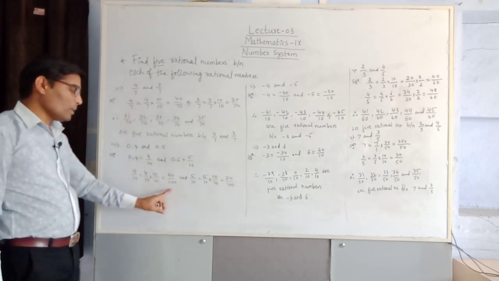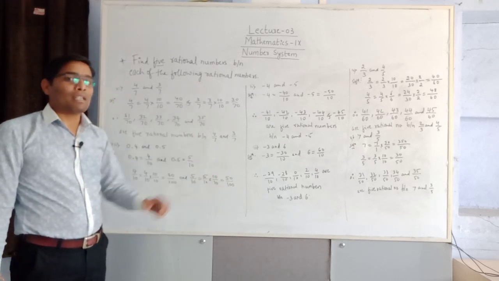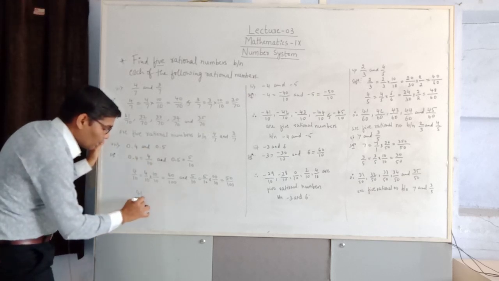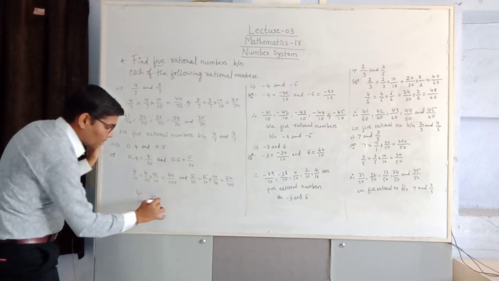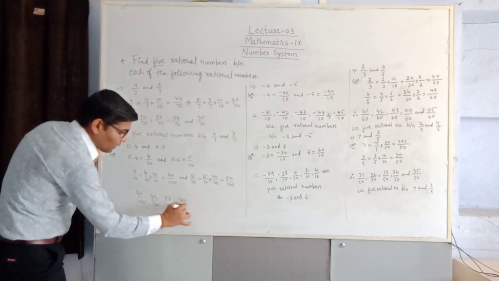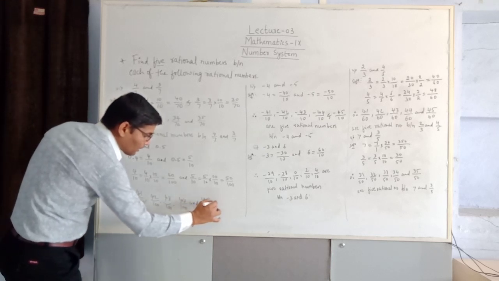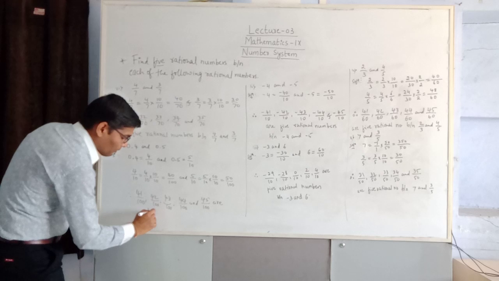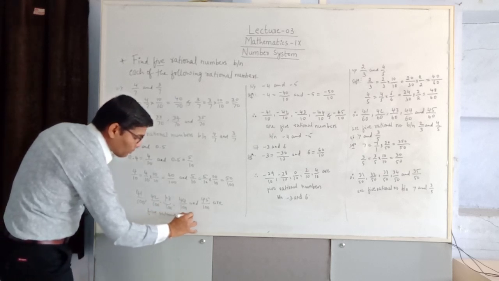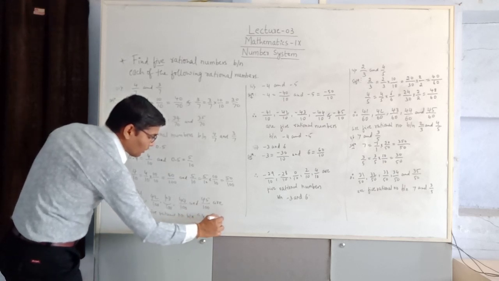Now look at the denominator 100, 100, and numerators between 40 and 50. Again we have 9 numbers. You can write any. 41 by 100, 42 by 100, 43 by 100, 44 by 100, and 45 by 100 are 5 rational numbers between 0.4 and 0.5.